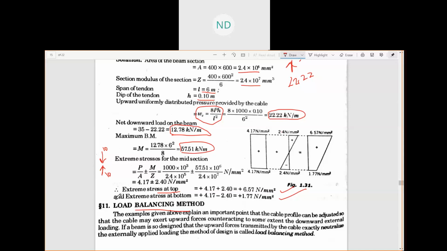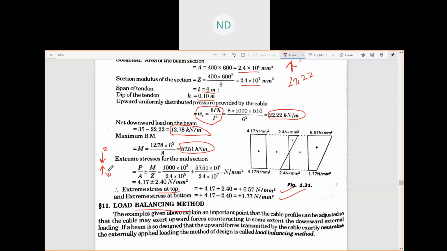So in the load balancing method, sometimes we try to completely neutralize, and in that case we will have to design it in such a way that this upward thrust comes to be 10 kilonewton. Because in load balancing methods we calculate how much upward thrust your tendons are going to give back.